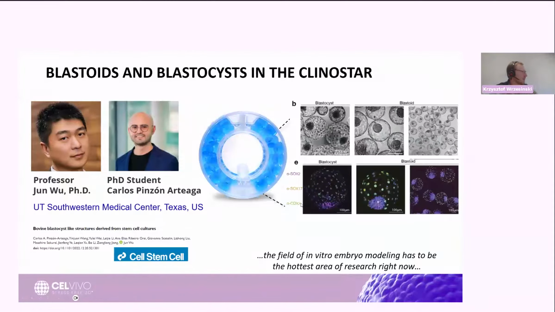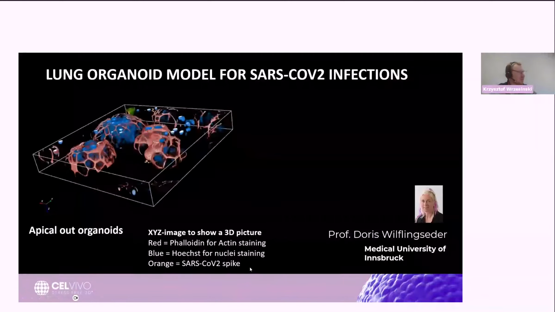And another published study, this time from Dallas, Texas, where Professor John Wu and Carlos Pinzon Arteaga have been using ClinoStar technology to grow blastoids from bovine cells. They constructed those from induced pluripotent stem cells, and I would say they are very similar in structure to a native blastocyst. That one is also a published study, so you can find much more in the publication.